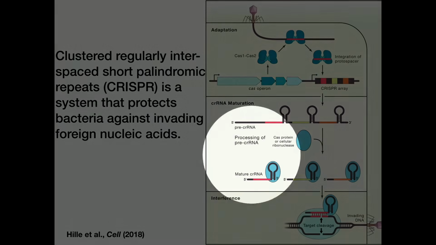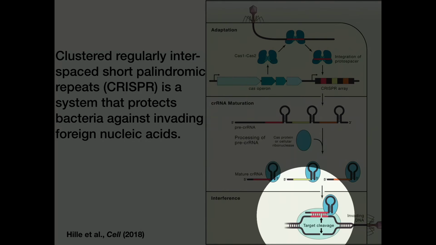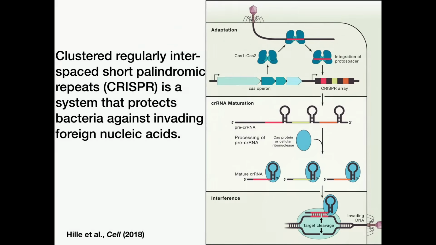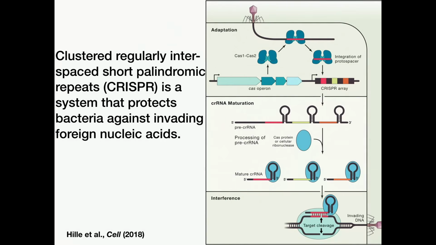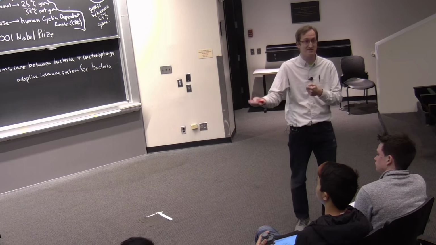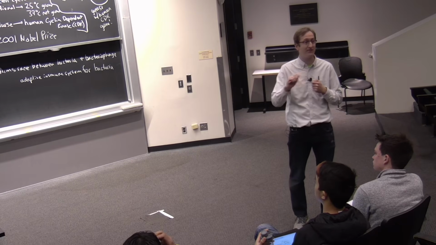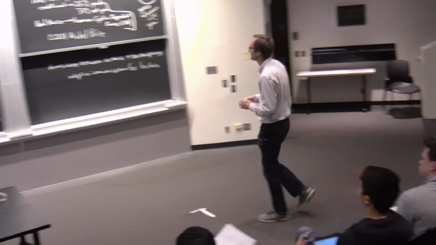So in the future, if this phage came around again, one of these CRISPR RNAs would recognize the foreign genetic element through base pair complementarity, and it would know to cut it, and after the target is cut, it's degraded by the bacterial cell. This is a way for bacteria to remember what viruses have infected them and to have a defense mechanism against it. It's a pretty cool system.